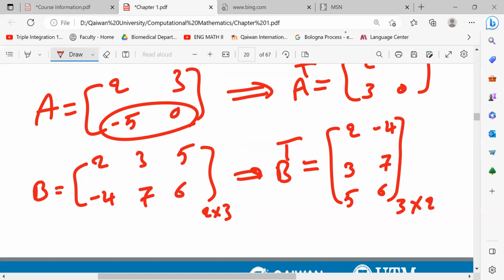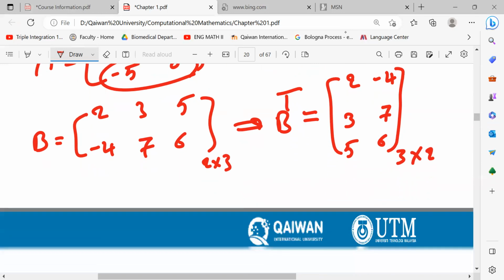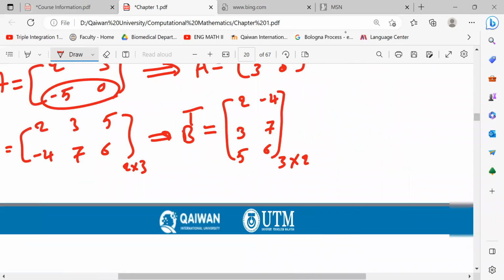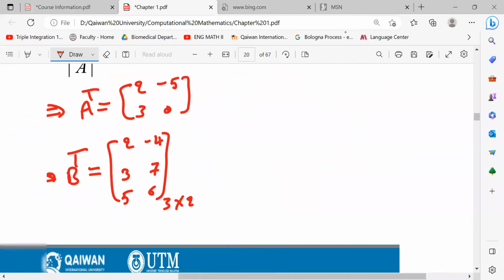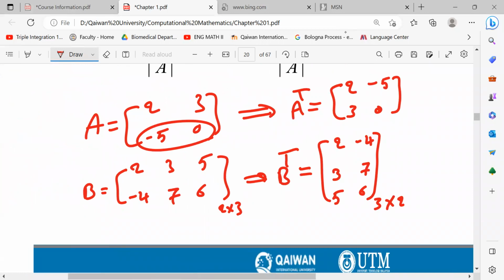You just interchange the number of rows and columns. For a 3 by 3 it's the same. We just change the first row to the first column, the second row to the second column, and the third row to the third column, and that's all. That's how to find the transpose of a matrix.